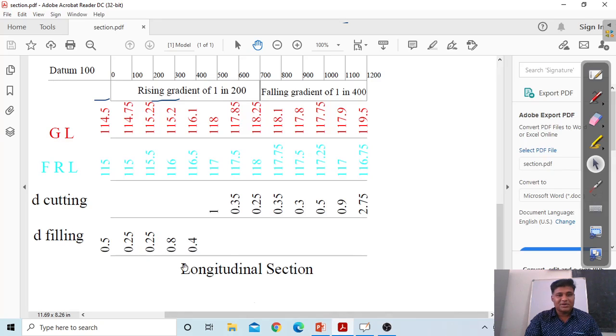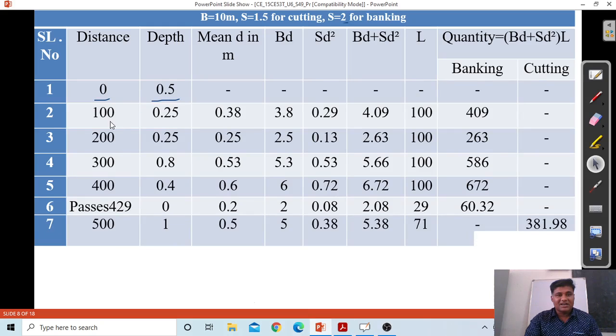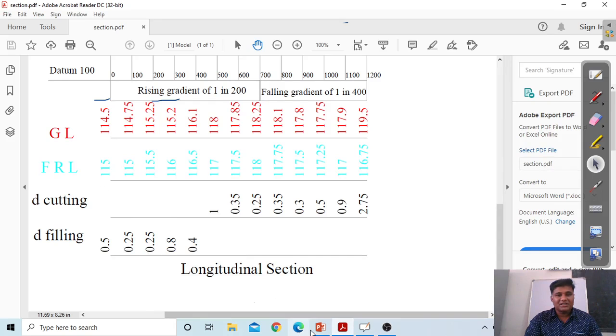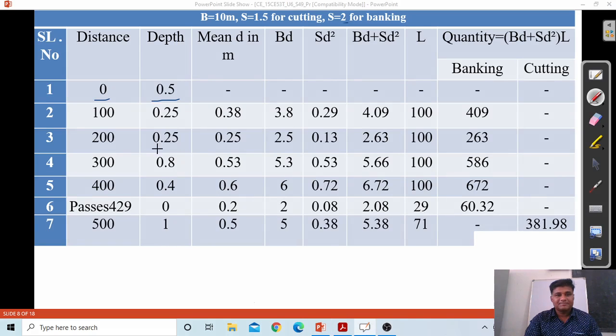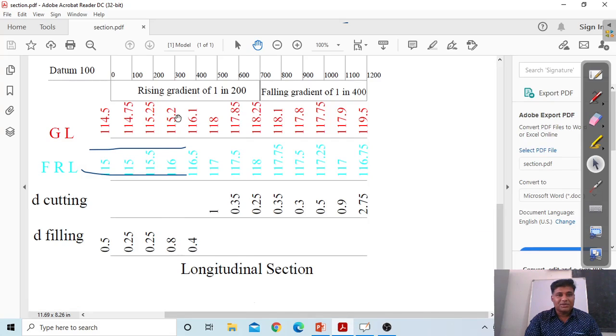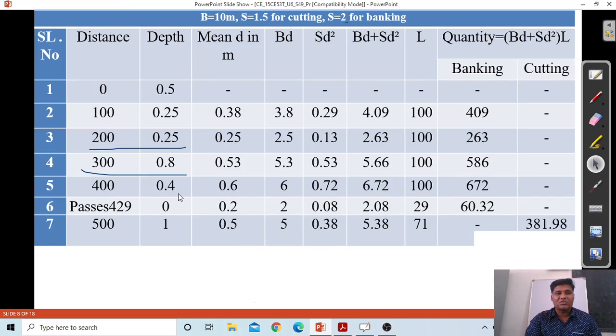At 100 it is 0.25, at 200 it is 0.25, at 300 it is 0.8, and at 400 meters it is 0.4.